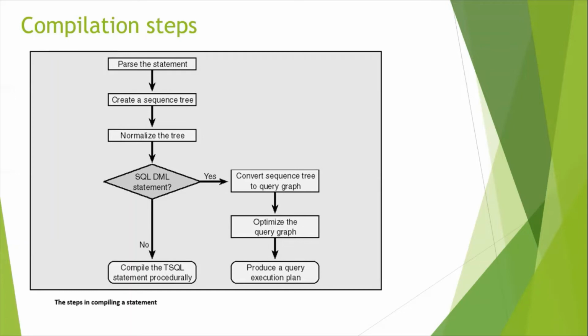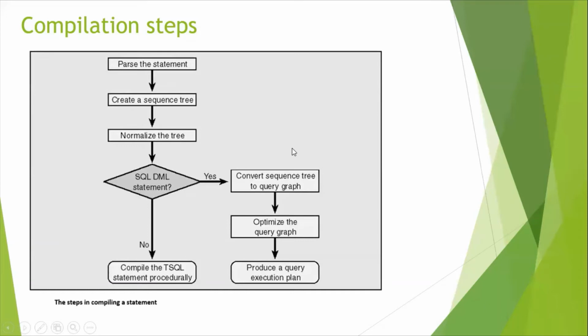If it is a big query, it is difficult, or it takes more time to generate a plan. Instead, it divides the query into different segments to normalize the tree.